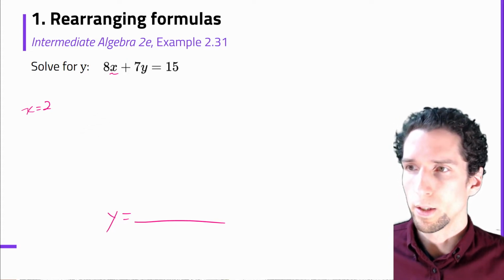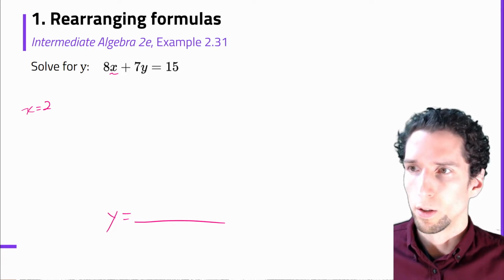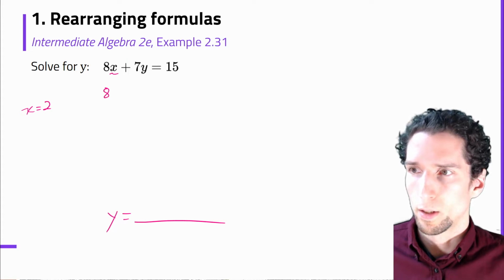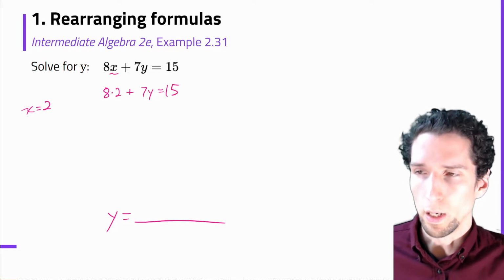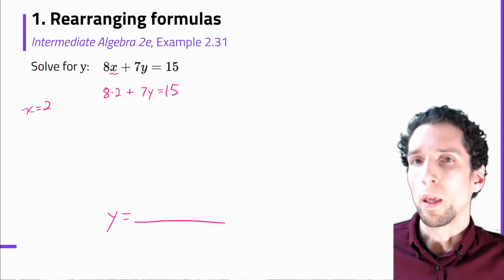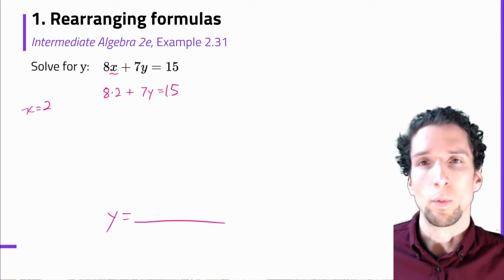If that's the case, then our next line here would be 8 times 2 plus 7y equals 15. And if I gave you this and I asked you, tell me what y equals, you could probably do it and it wouldn't be that hard here.